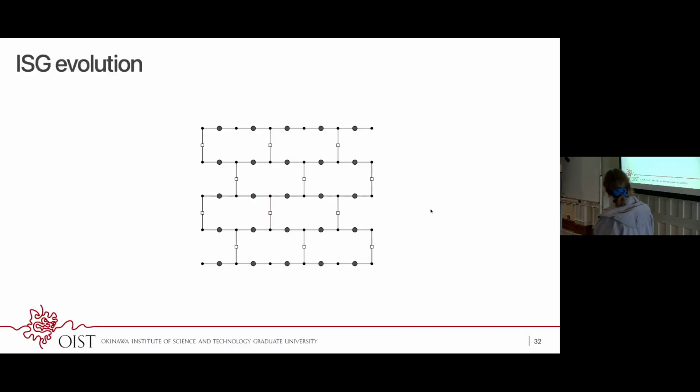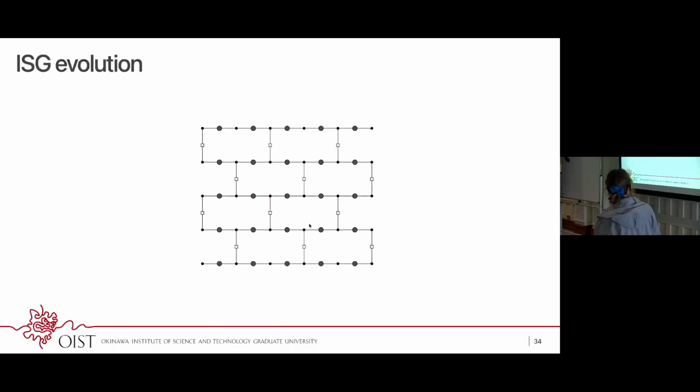So this is the ISG evolution over time on one row. Here, we measure the 4-qubit X stabilizer first. And then we measure the ZZ pairs, which is not obvious, but there's a blue highlighted area here that shows that we measure the ZZ pairs.